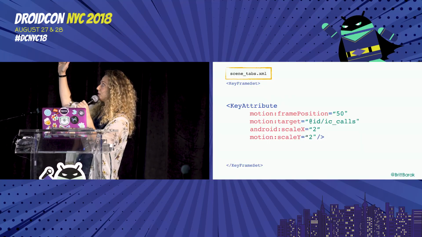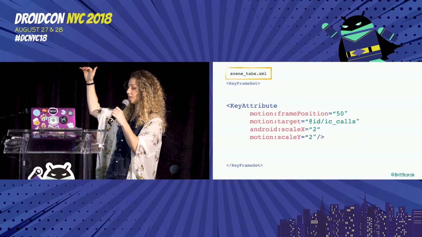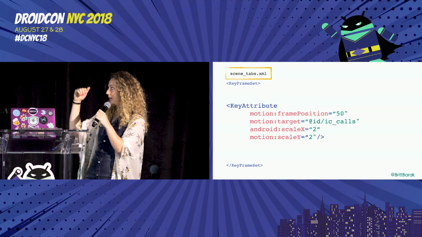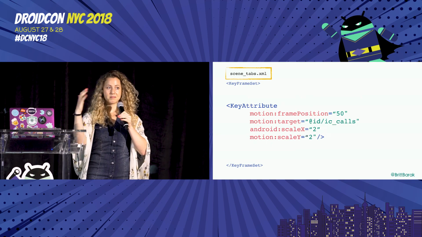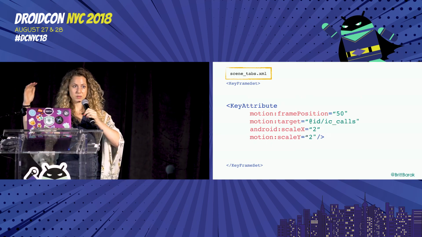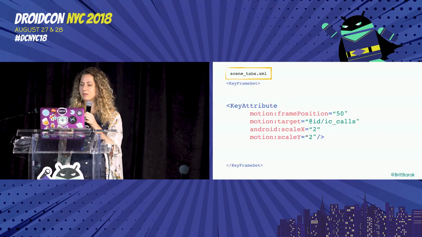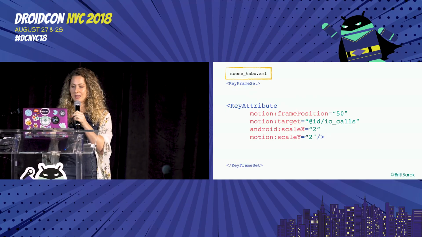Go to the target view with this ID that we defined on the layout file, and then scale the X and the Y twice, so make it bigger. Basically, that's it. So that's how we do it for the sizing.